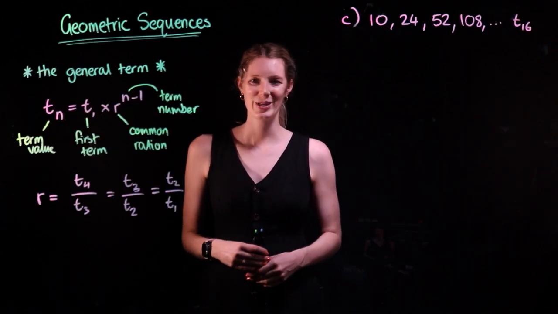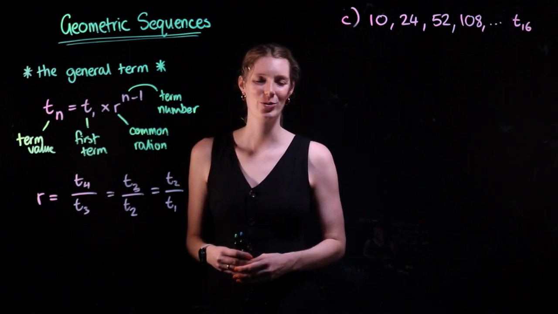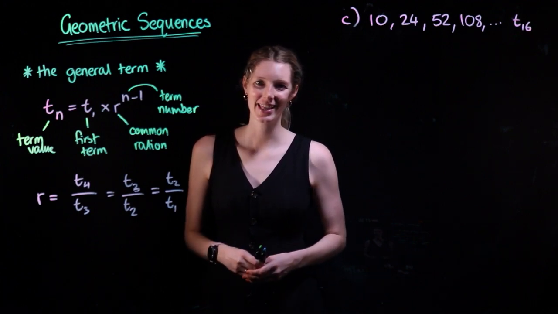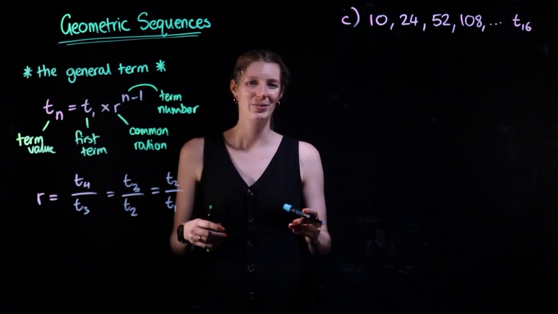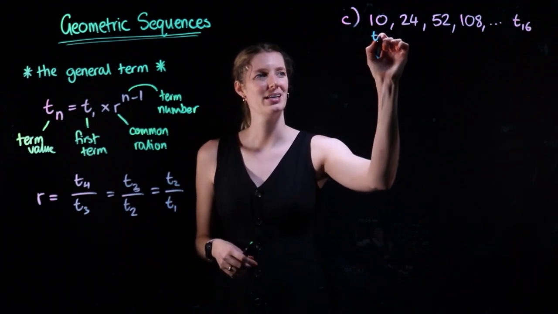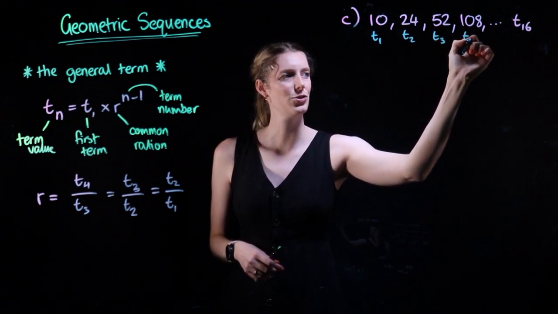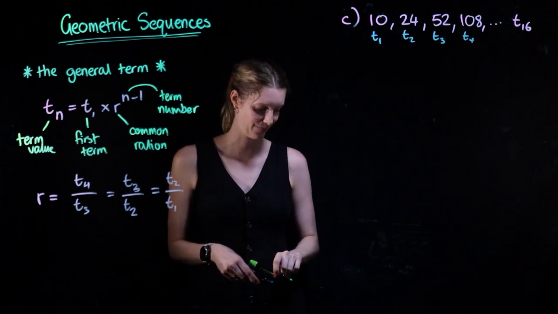The final sequence we are going to be looking at today is this one up on the board of 10, 24, 52, and 108. And we've been asked to calculate, if possible, the value of term 16. So like we had with our previous examples, let's name our terms and use some consecutive pairs to see if a common ratio exists.